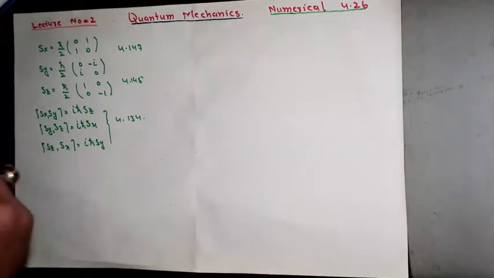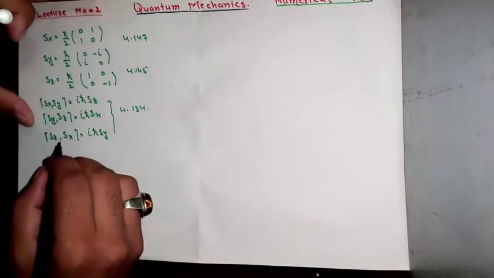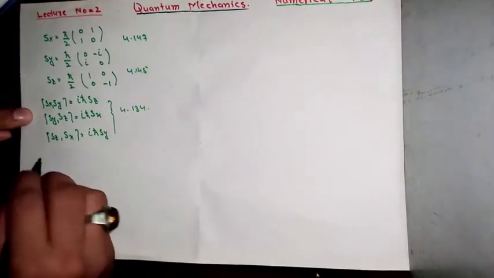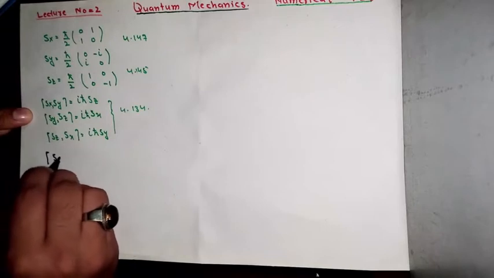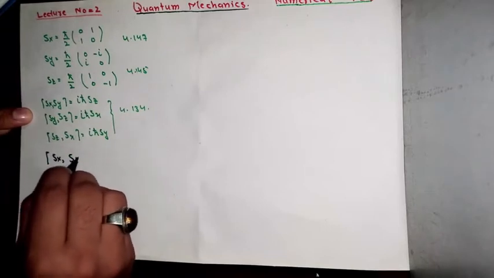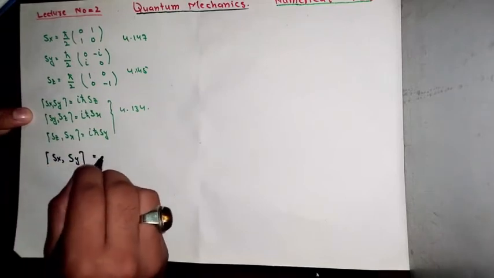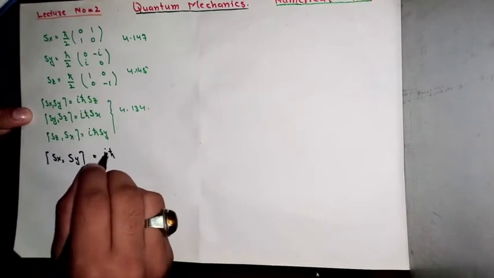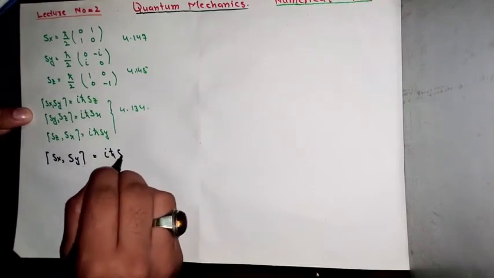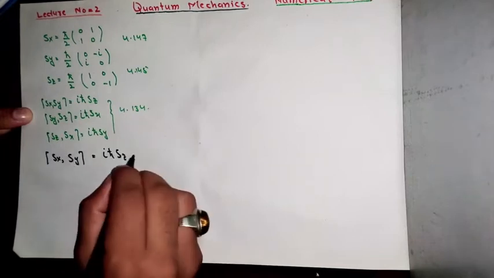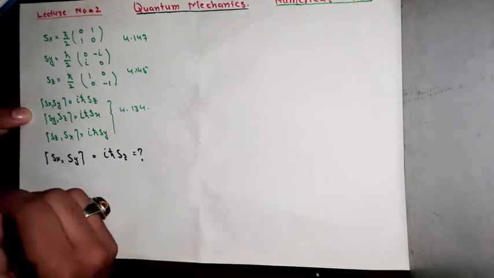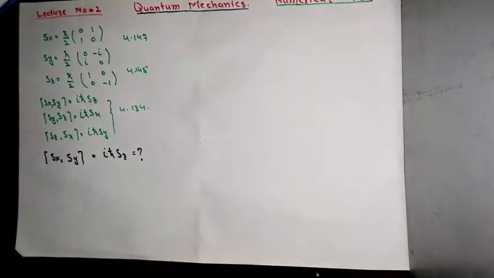Now our required result is that the commutator of Sx and Sy is equal to i h bar Sz. So we have to show this, that this is equal to i h bar Sz or not.